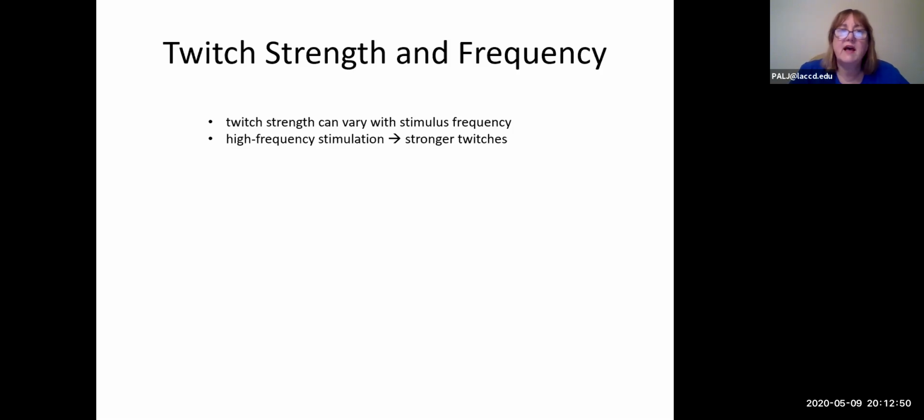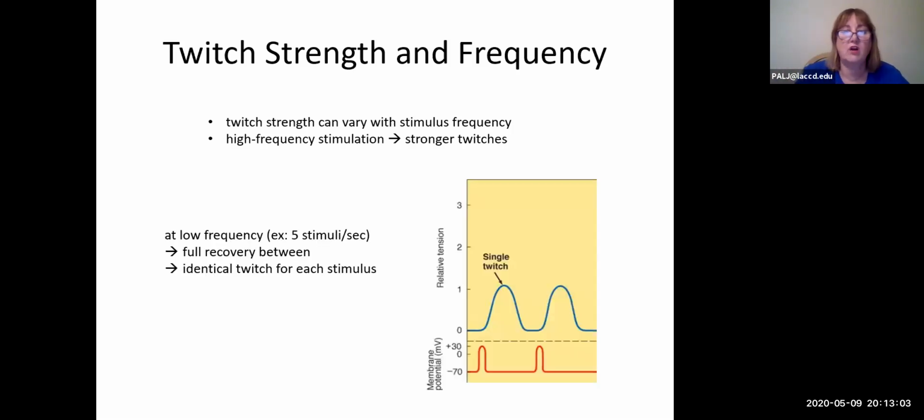The next concept has to do with twitch strength and frequency, because the strength of the twitch can vary with the frequency of the twitch. If we have a high frequency stimulation, that can give us stronger twitches. If we look first at low frequency, for instance, only 5 stimuli per second, here's the stimulation in red. We have a single twitch after each, and then we have another stimulation, and another twitch.